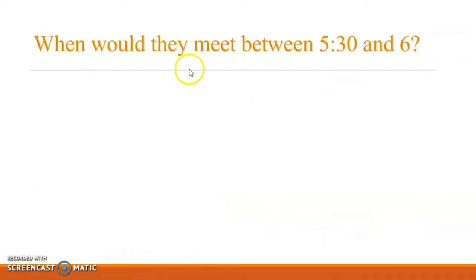I have an exercise for you. I want you to find when the two hands would meet between 5:30 and 6. Now this is slightly different from what we have solved before. Here A is not in terms of an exact perfect hour. This is 5 hours and 30 minutes.